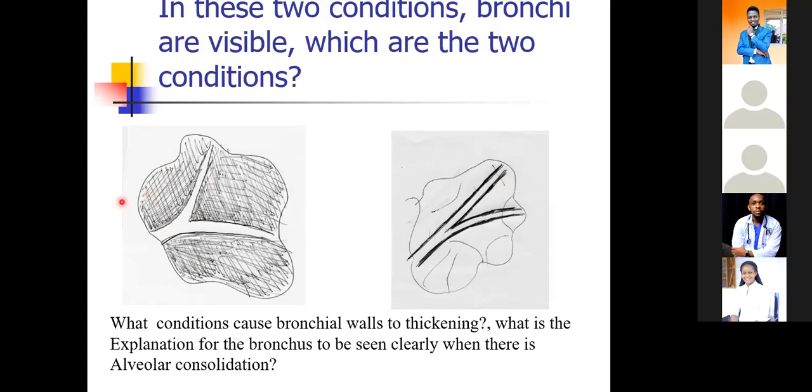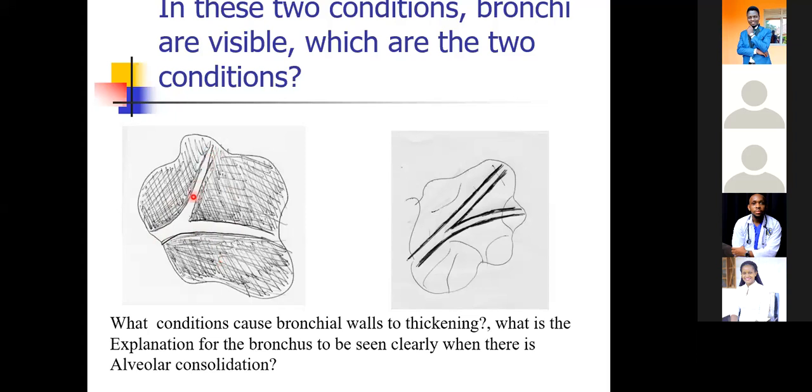So just think about these areas shaded black as areas which are occupied by alveolar spaces. Okay, and then this tubular structure that you're seeing here represents the bronchi or the bronchioles for that matter.